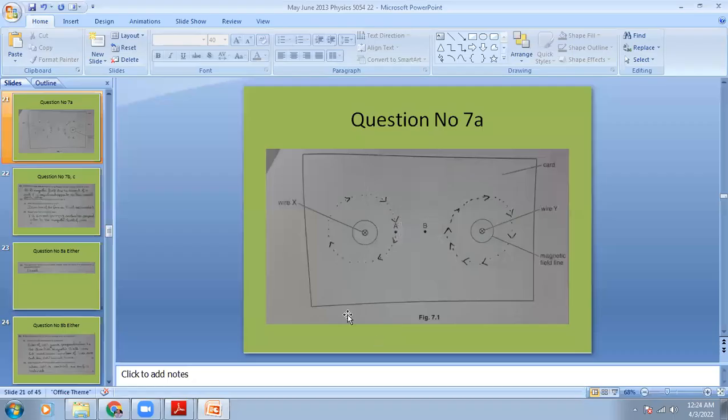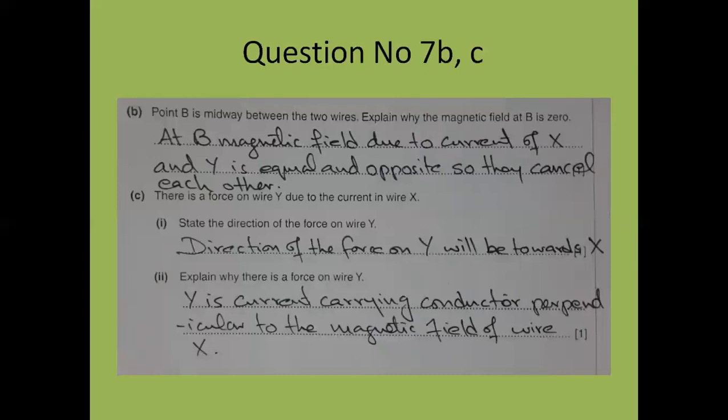The reason is that the magnetic fields interacted with each other, and so they have kind of cancelled out each other. Point B is midway between the two wires. Explain why the magnetic field at B is zero.